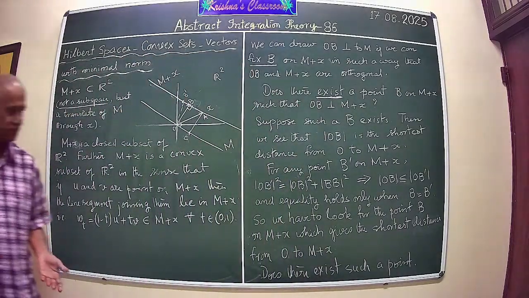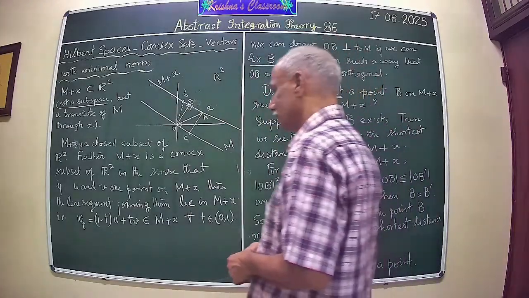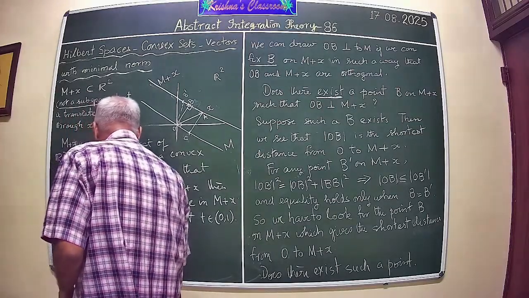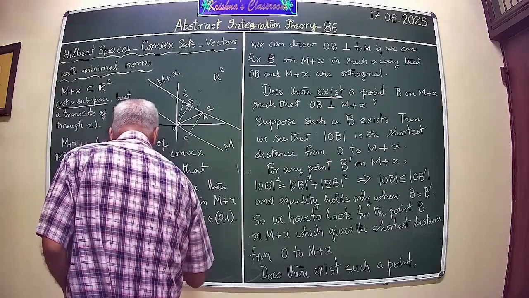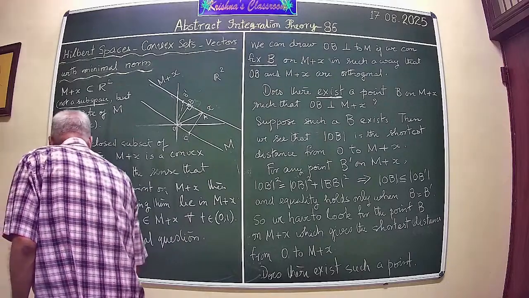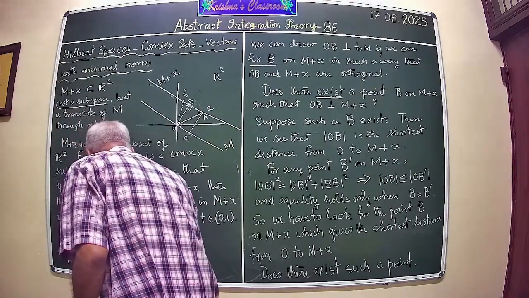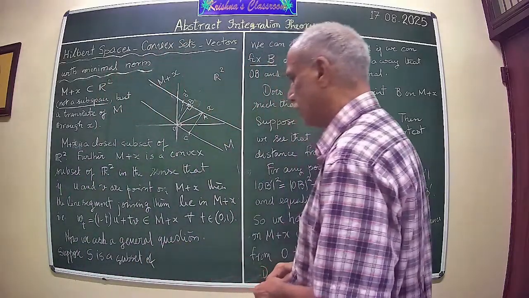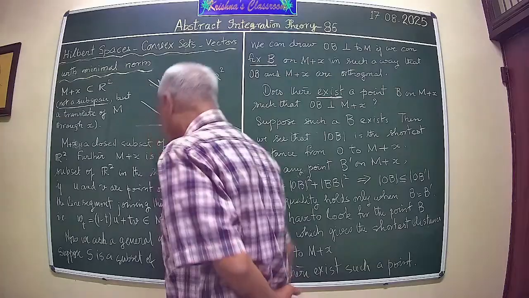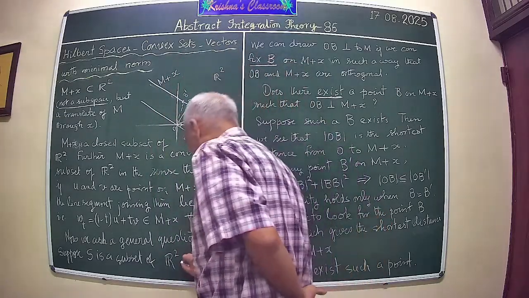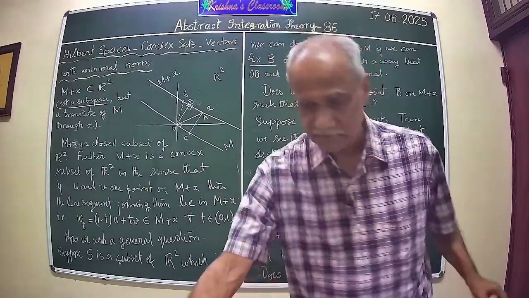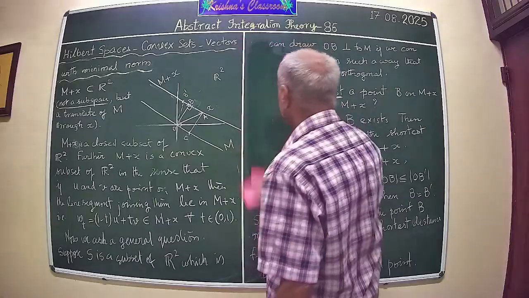Okay, so let us ask now a general question. Suppose S is a subset of R2 which is closed and convex.